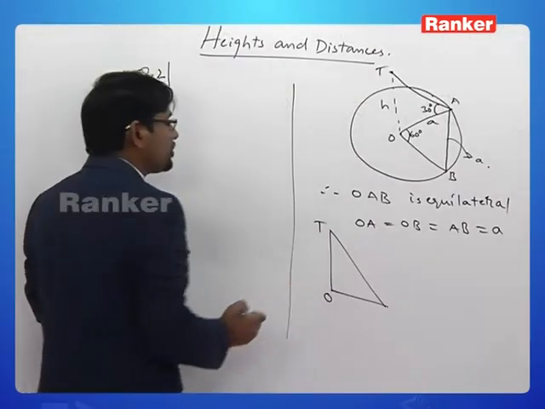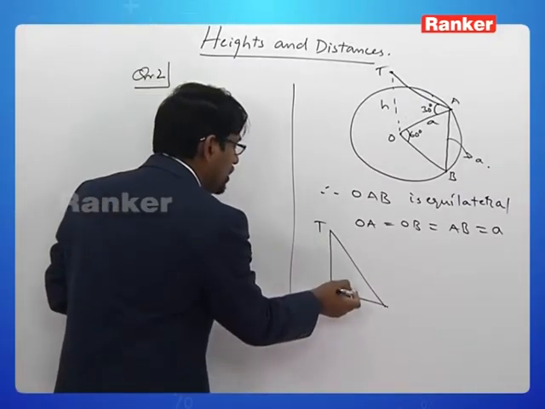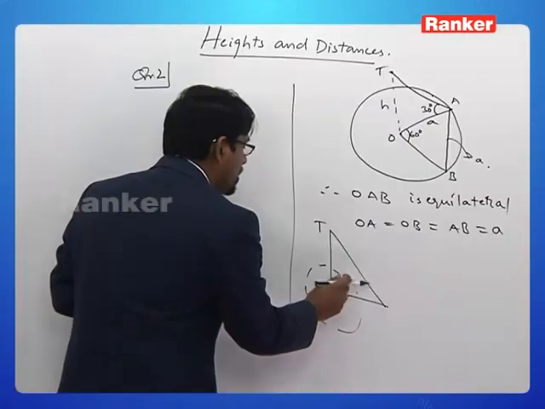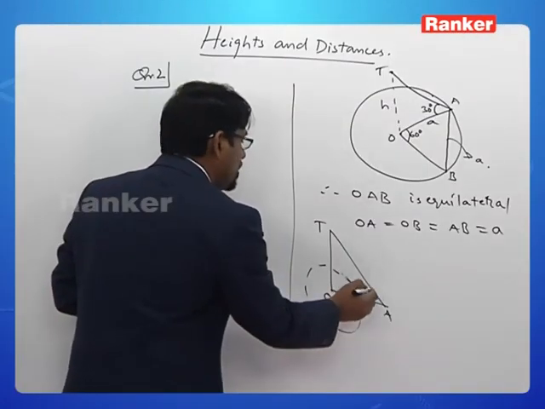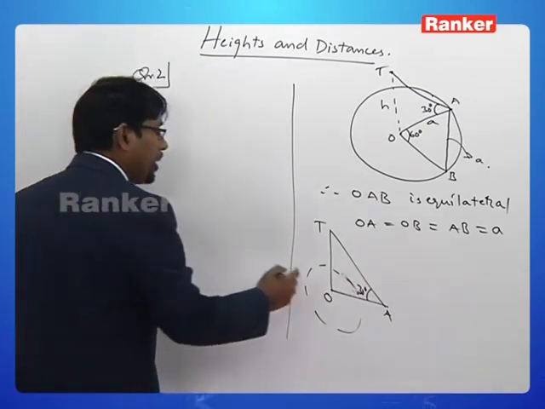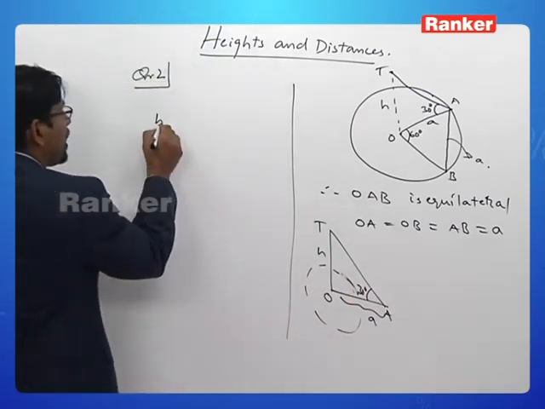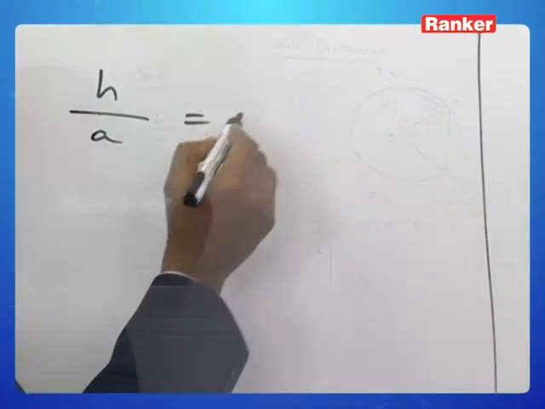OT is the tower, and this is your A. This angle is 30. This length is a. We want to find out H. H by a is clearly tan 30.